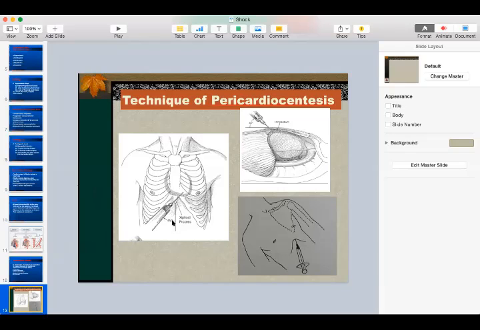How is it done? We have a needle, that's obvious. The patient is laid down in a supine position, meaning lying down on his back looking up.